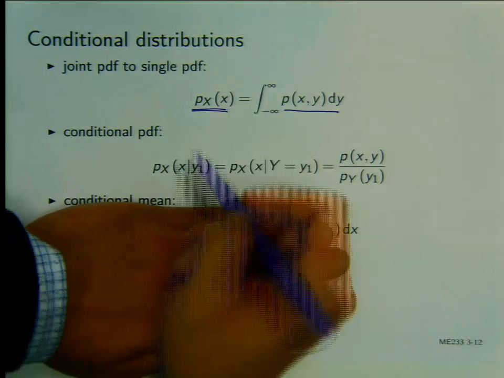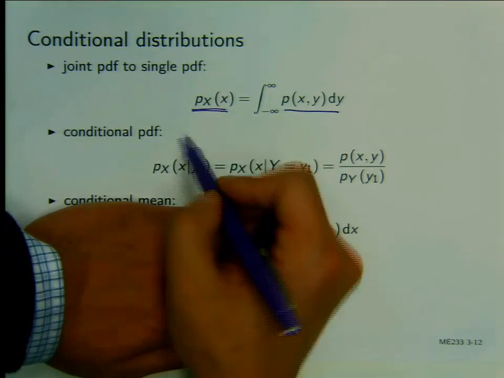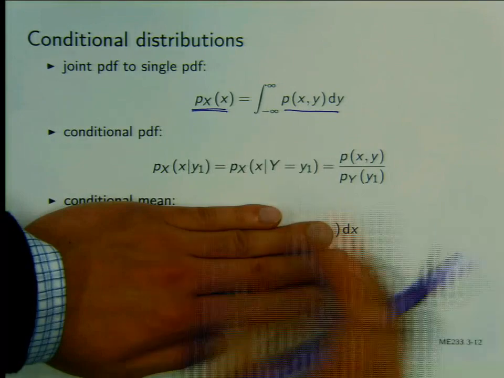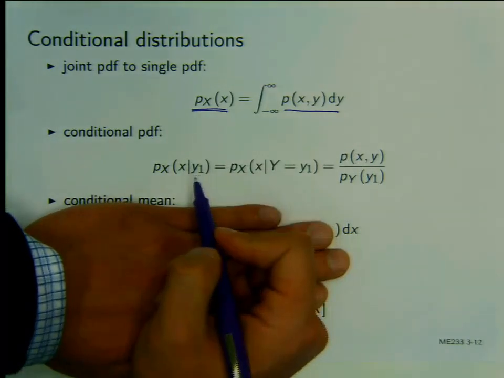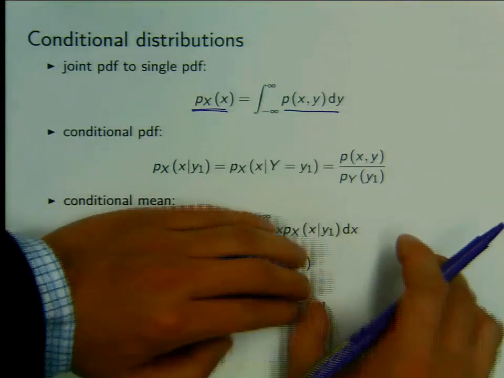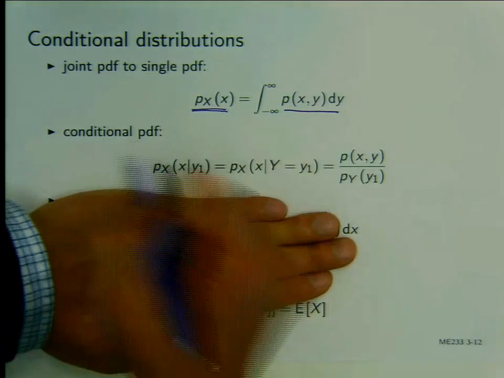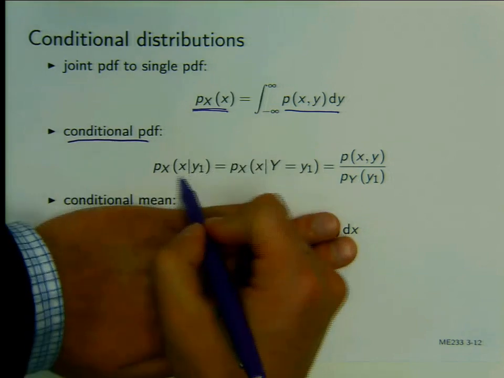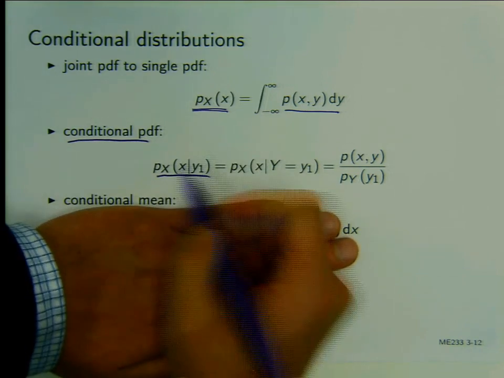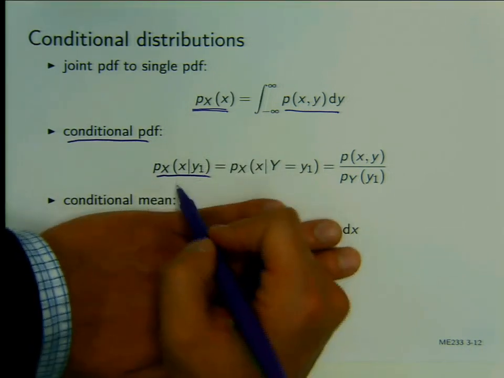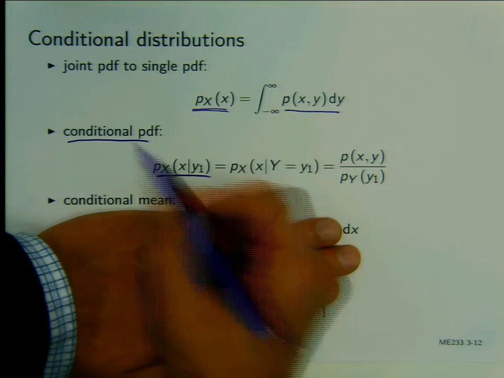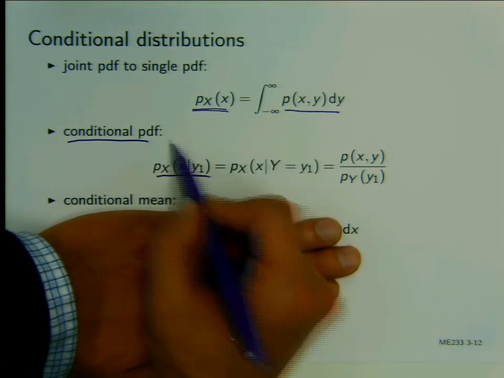And I have been mentioning this a couple of times, that when two random variables exist, they can interact with each other, which means they have correlations. And because of that, one variable can have a certain kind of dependence on the other. So it's meaningful to define a conditional probability distribution function.